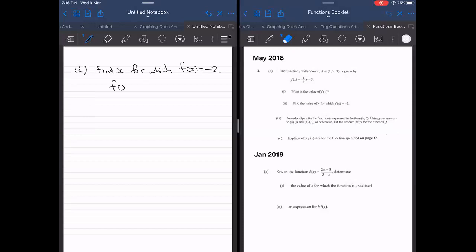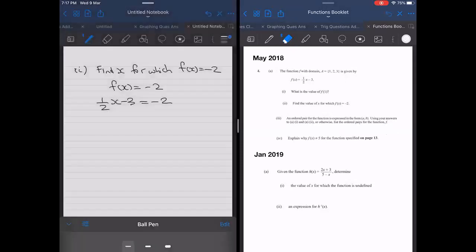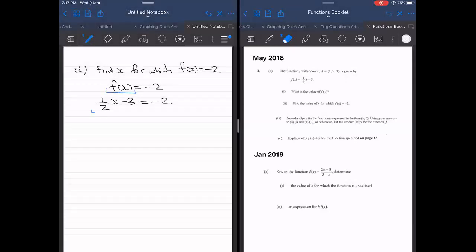Since they want f of x equal to -2, we are going to put a half x minus 3 equal to -2. If you look on the right hand side, f of x, I replace it with what they've given me, so I'm getting it from what I have circled on the right.